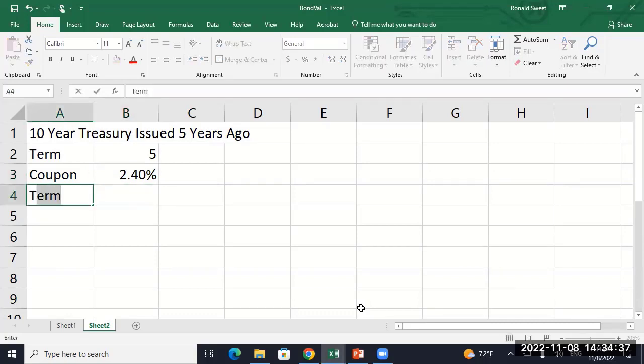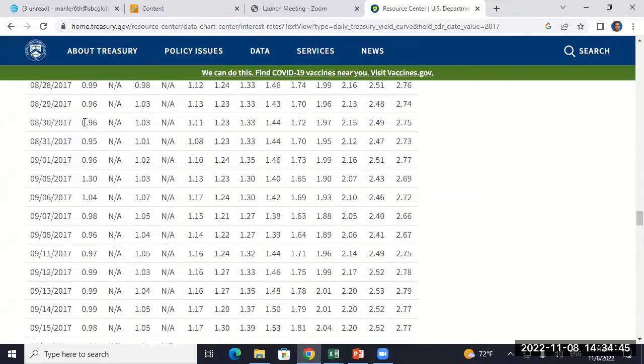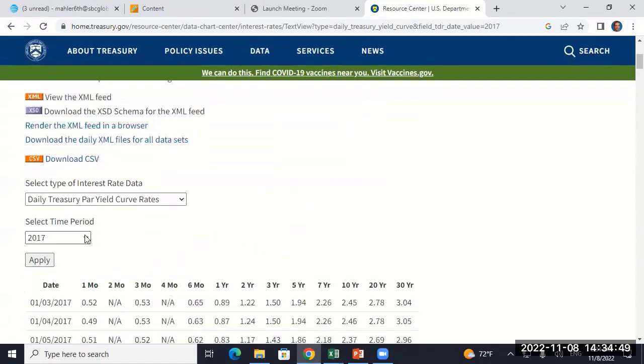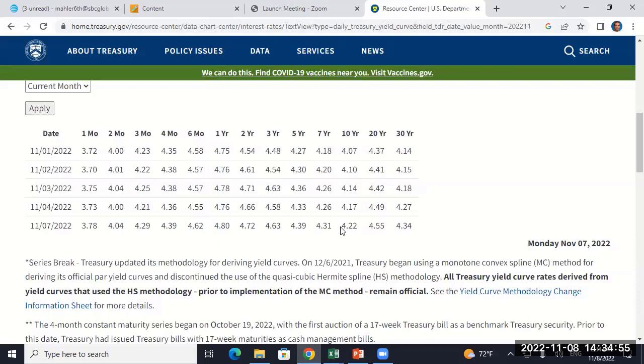So yield to maturity. Let's go get the current 5-year. I think it is higher, because it may even be higher than the 10-year right now. So the 10-year is 4.22, the 5-year is 4.39.